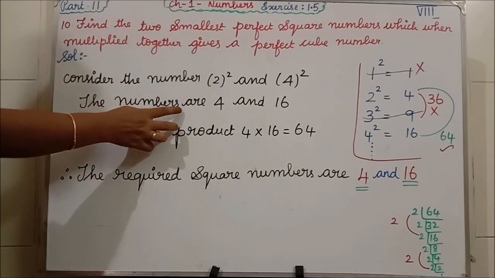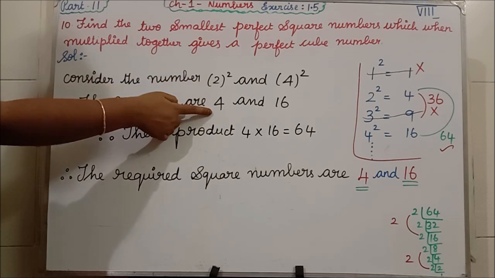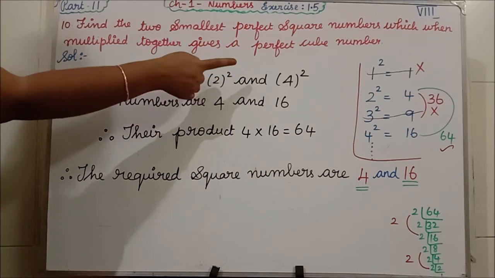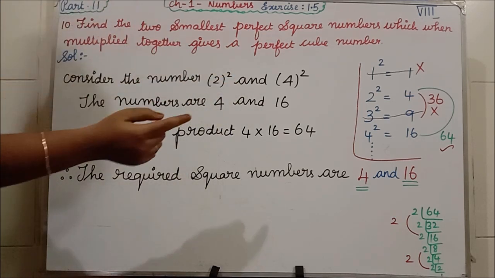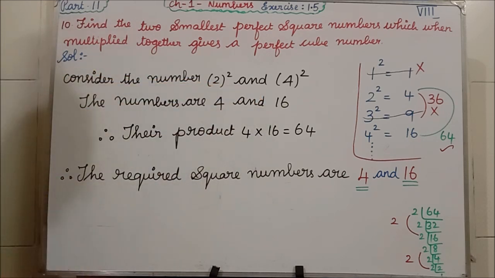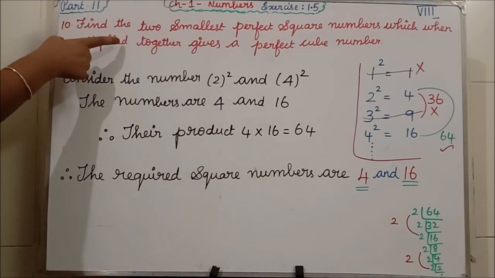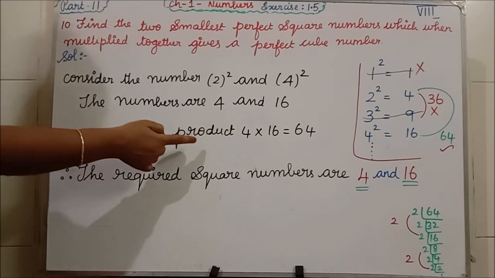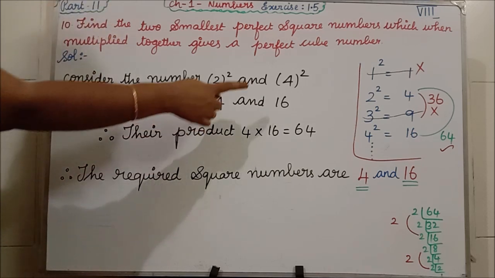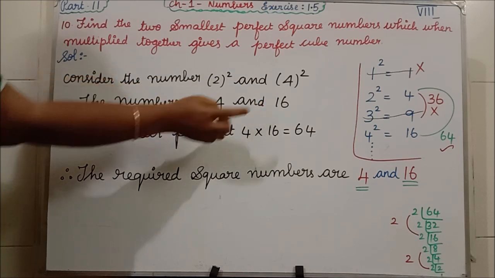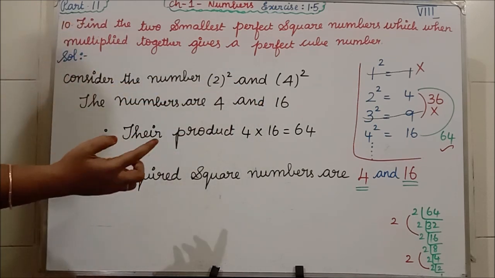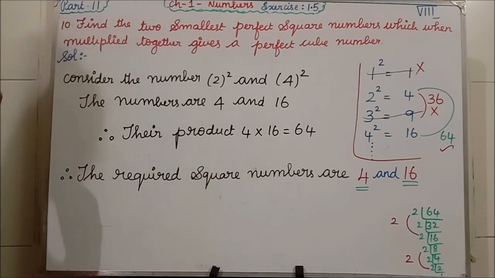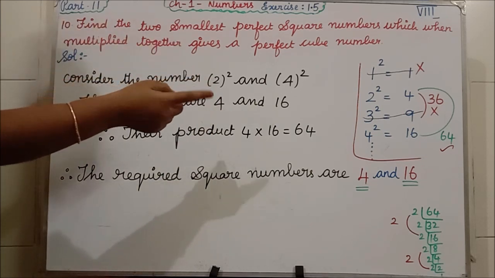Now consider the numbers 2 square and 4 square. 2 square answer is what? 4. And 4 square answer is what? 4 fours are 16. Clear? They are saying multiplied. Multiplied means product. Therefore the product, this 4 into 16, if you multiply, we are getting 64. Therefore, 64 is a what?